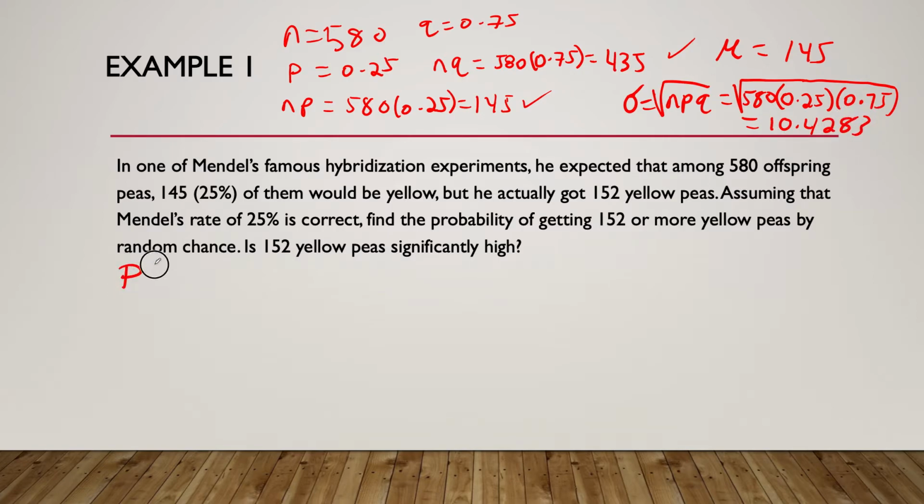So we want to determine the probability that x is greater than or equal to 152. So by using the normal distribution as an approximation, we want the probability that x is greater than 151.5.